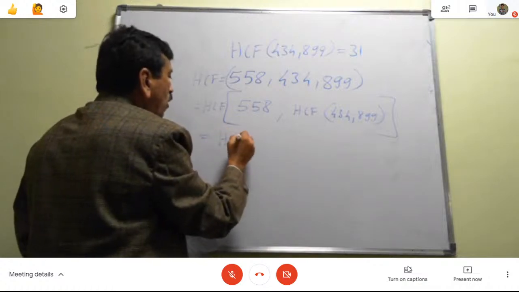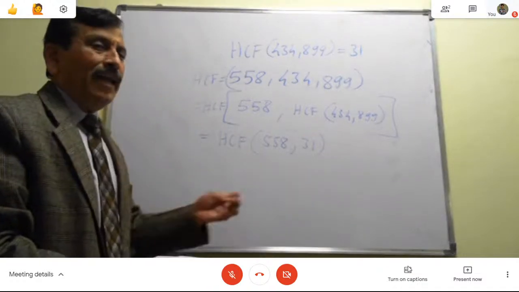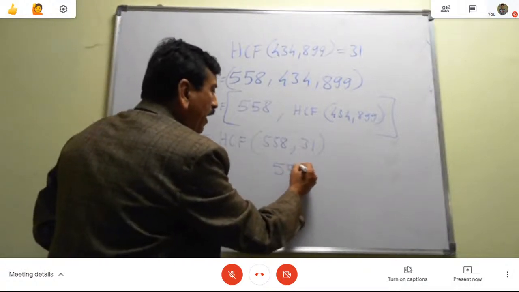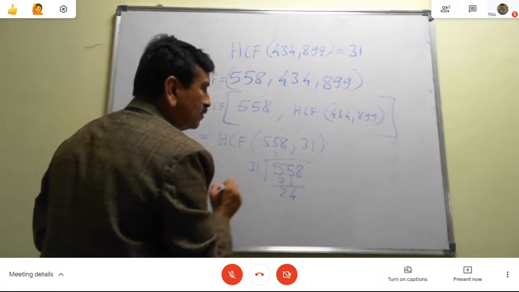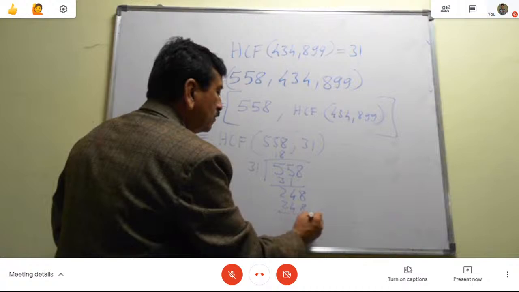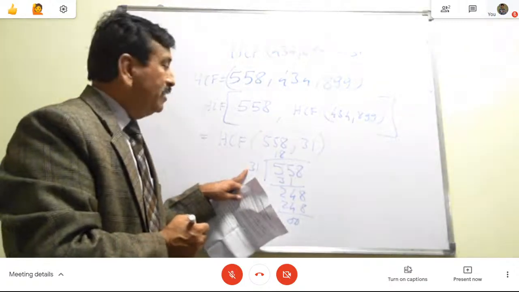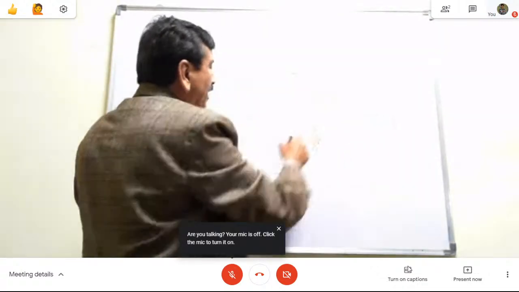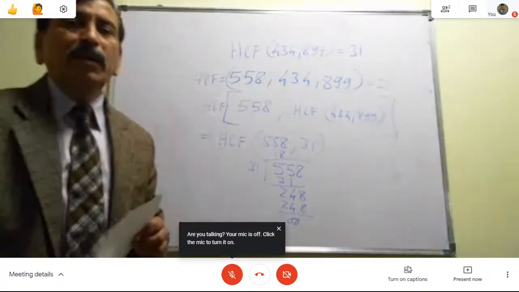So it is equal to the HCF of 558 and 31. Again, 558 and 31 we will obtain with a similar method. 558 divided by 31, I'll get 31 here, and then the division of 8. As the remainder is 0, the last divisor 31 is the HCF of these two numbers. And therefore, 31 becomes the HCF of all the numbers.